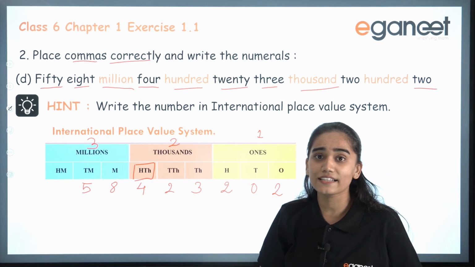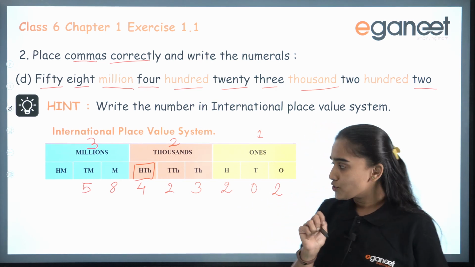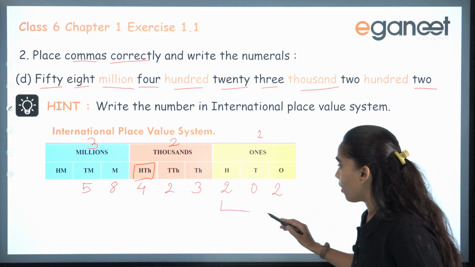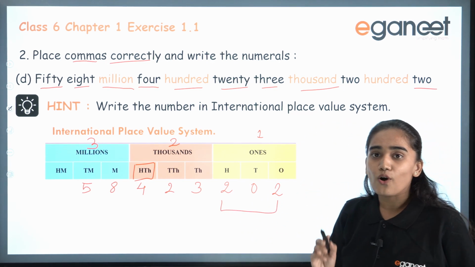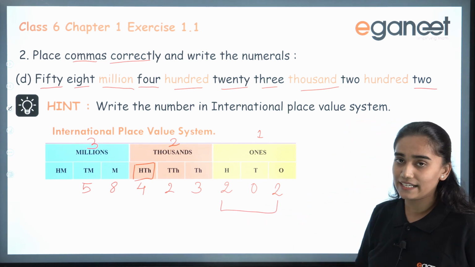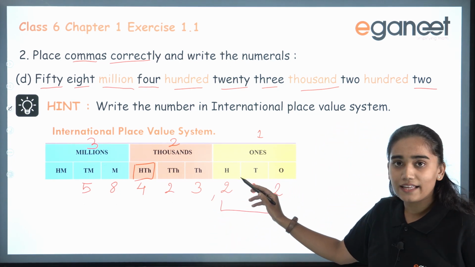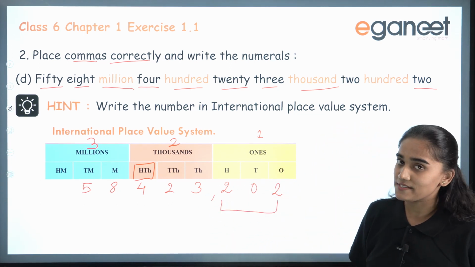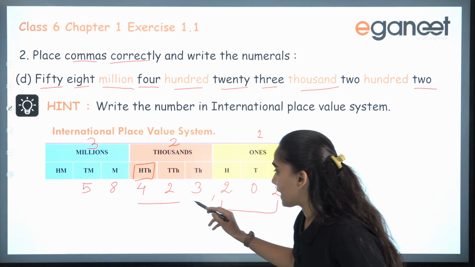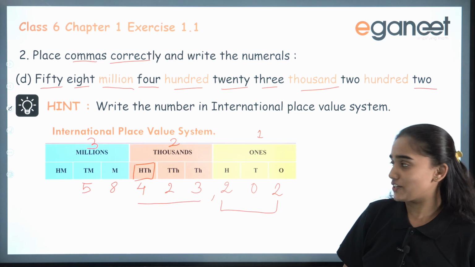As we have earlier discussed, here we have only 3 periods. So we will form groups of 3 digits. So here is the group of 3 digits. So first comma will be there before hundreds place. Then here is the group of another 3 digits.